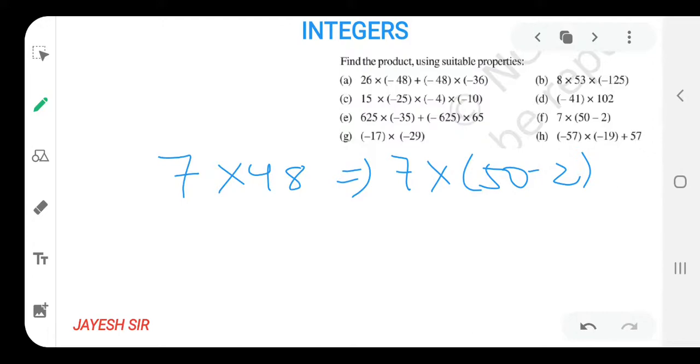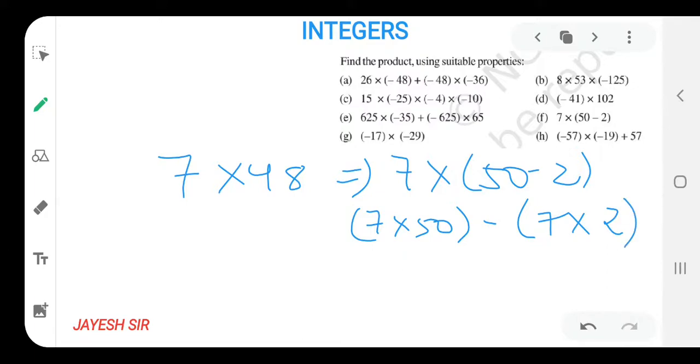Is it the associative property? You have to go through all the properties and get to know which property is used over here. As I know how to multiply, first I will open the bracket. 7 and 50 should be multiplied with 7, and the minus sign is in between. 7 into 2 should be there.